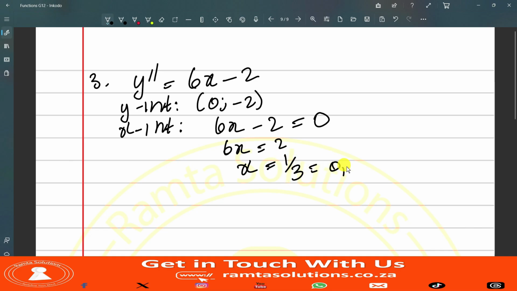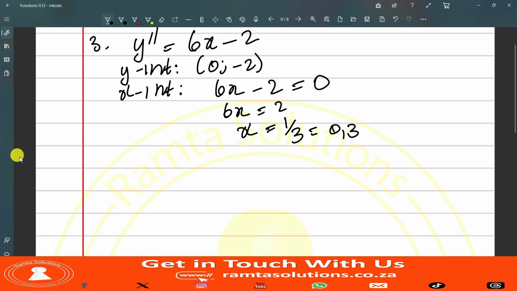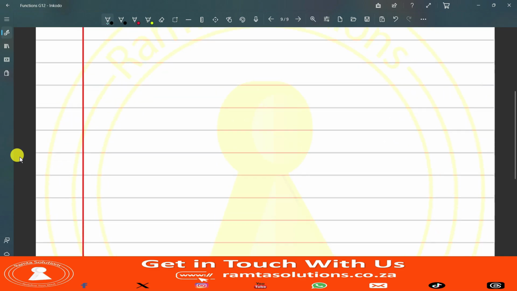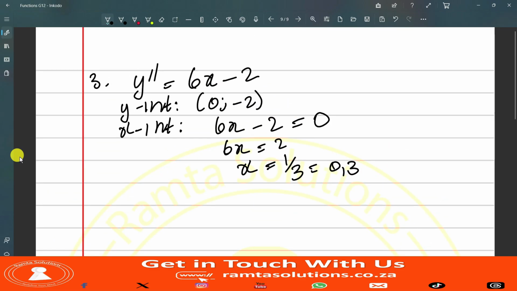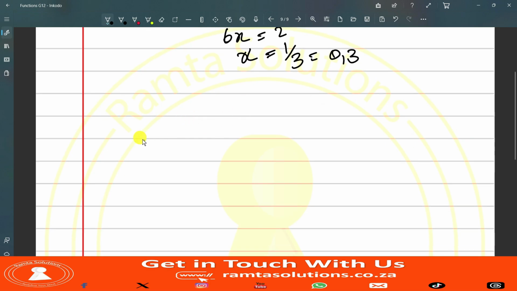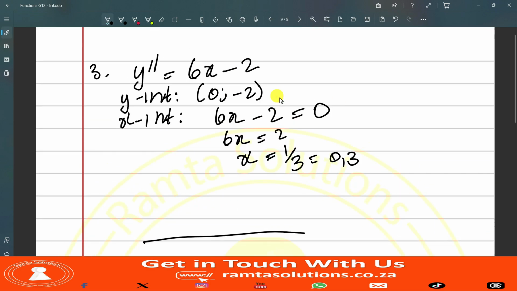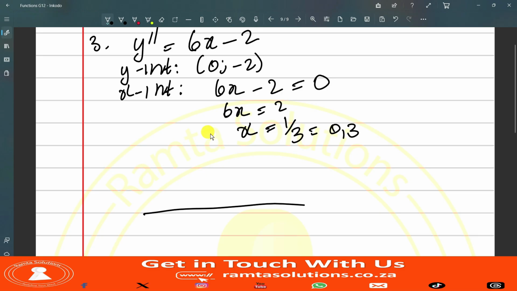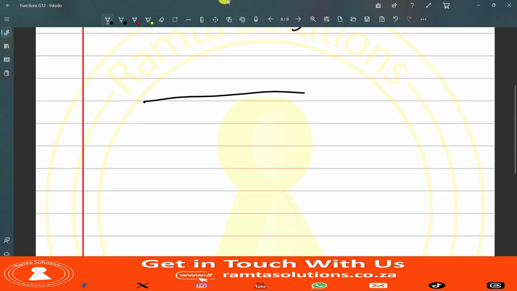Remember, you said this is 0.33. So this is fine. We can leave it here, right? We can plot our thingy there. And here, what did we say it was? It was minus 2. Okay, cool. So I'm just going to be careful there. And then this is 1, 2.